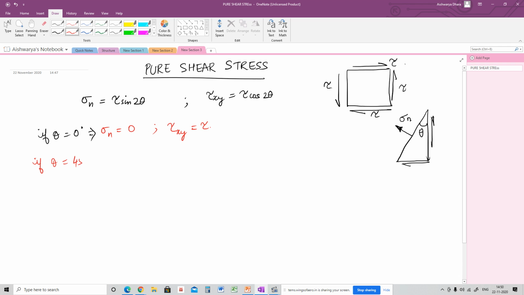Then at 45, sigma n equals tau, and tau xy equals 0. Next, at 90, sigma n equals 0 and tau xy equals minus tau. Then 135.